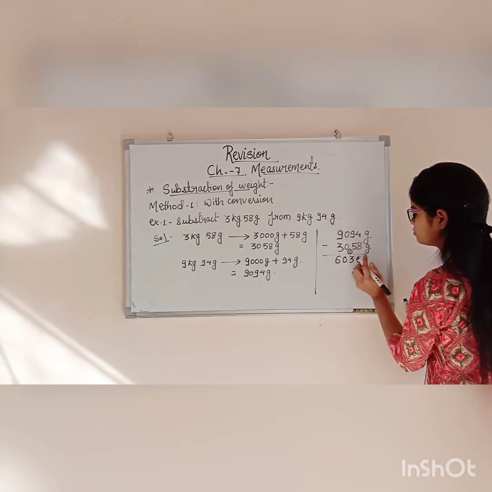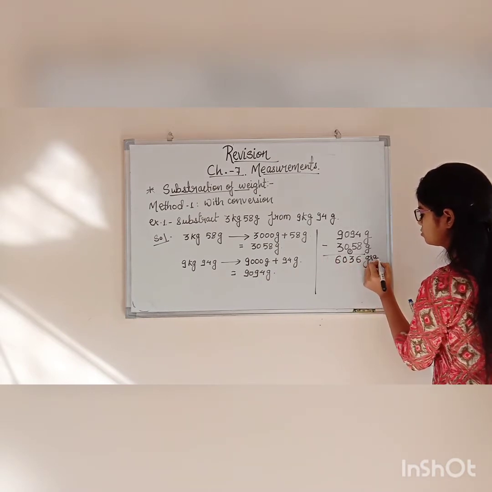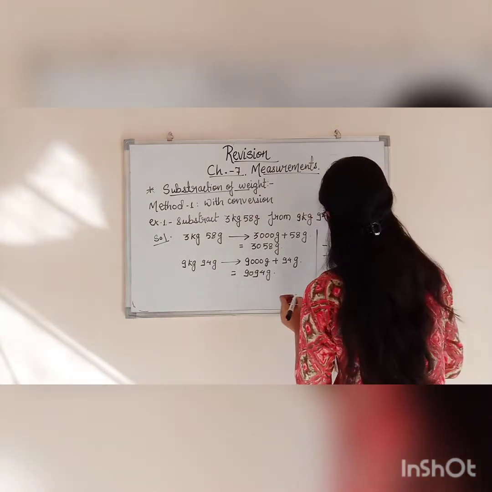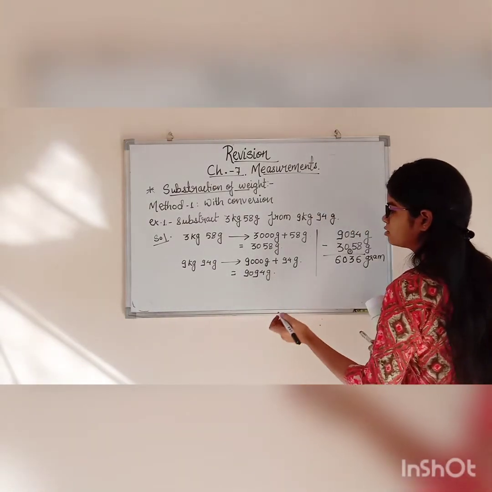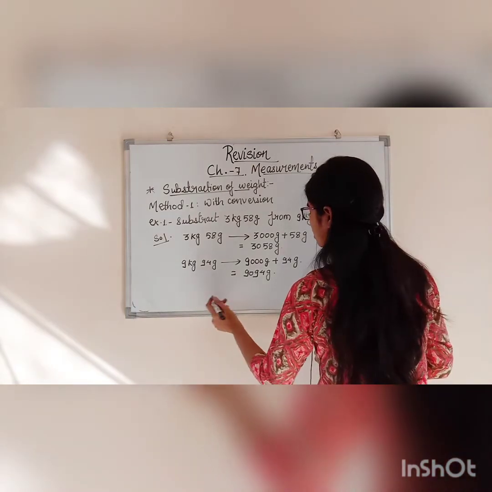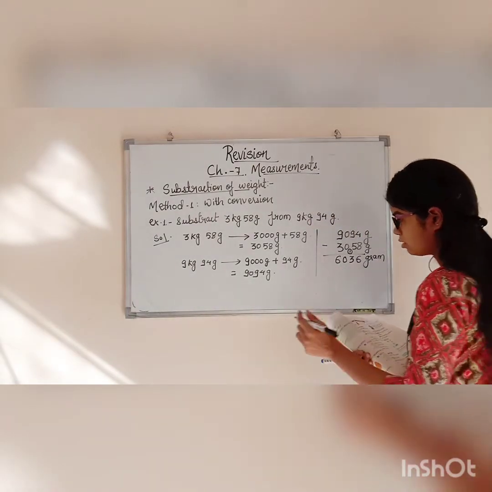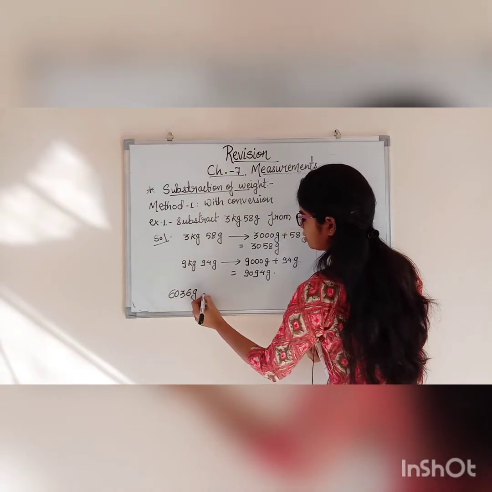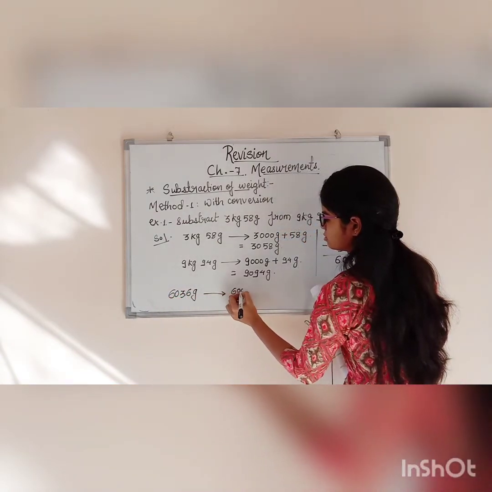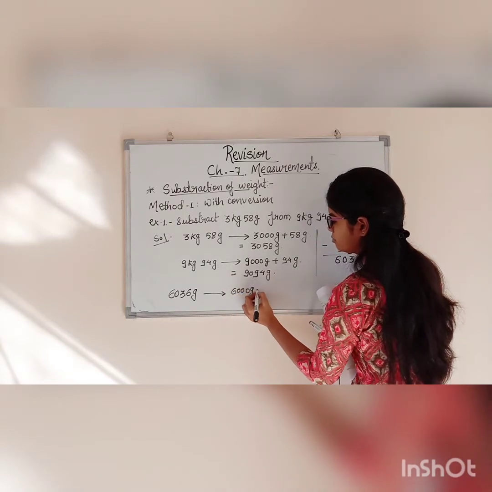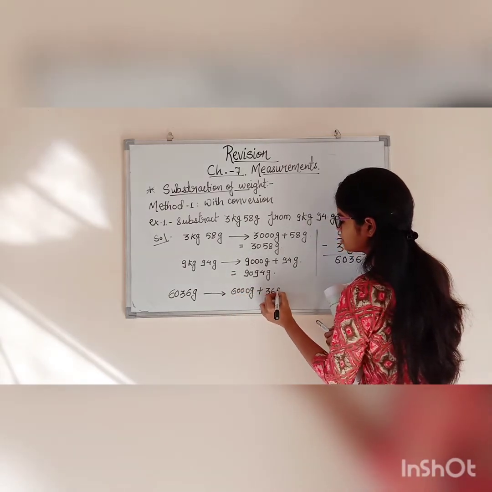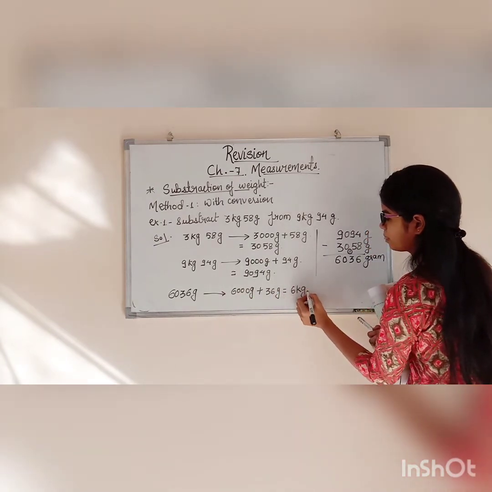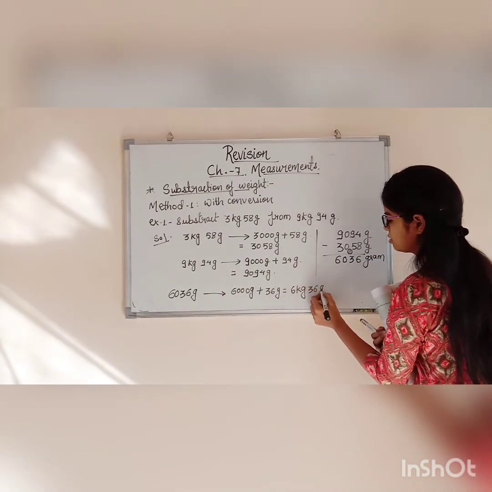So we got 6036 gram. The answer is 6000 gram plus 36 gram, or 6 kilogram and 36 gram.